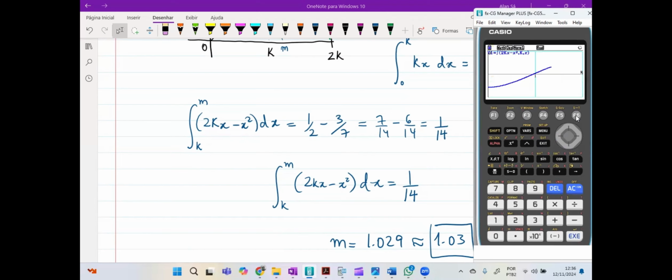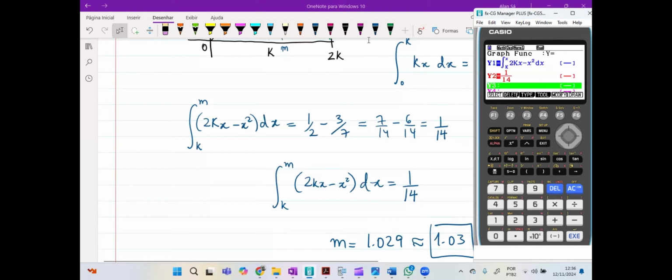That's our integral, then the line y equals 1/14. So it's enough to find the intersection, going to G-solve, intersect, and then it takes a while, but the calculator will show the value 1.029, the same value we found using the TI-84.